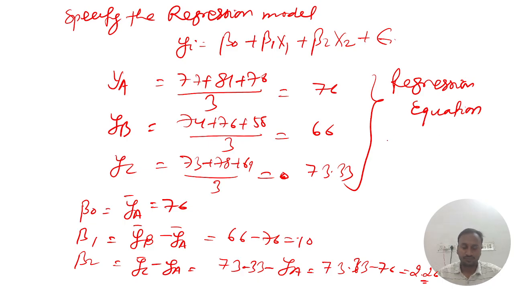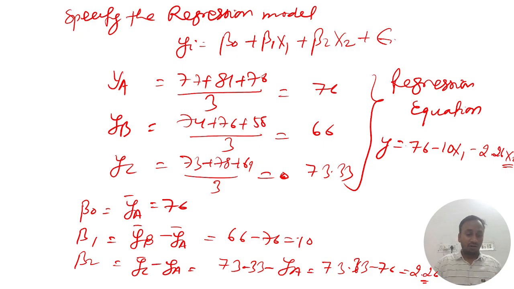Y will become beta naught, which is 76, minus 10 x1, minus 2.26 x2. So till here we have calculated the regression equation.